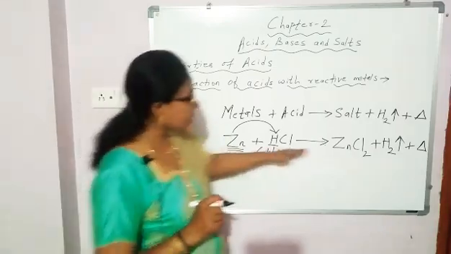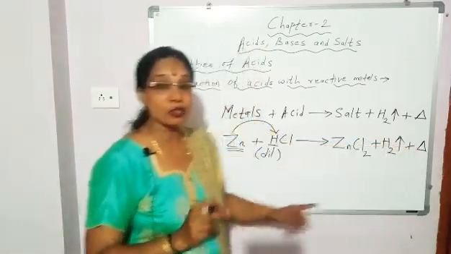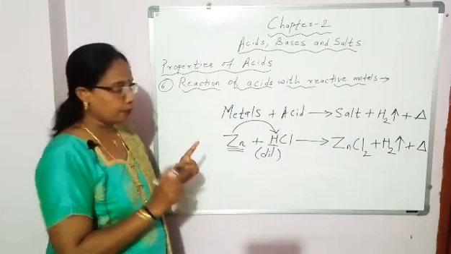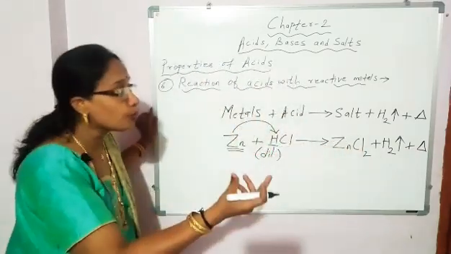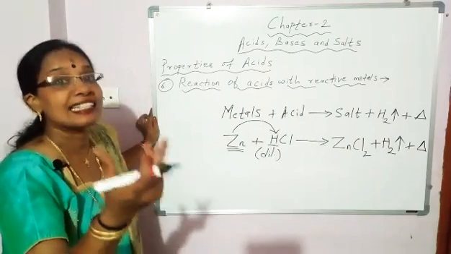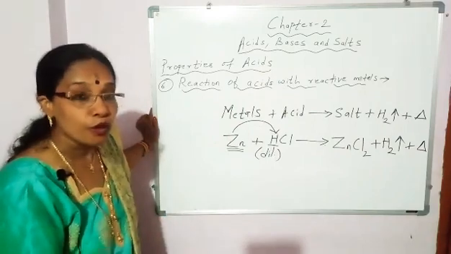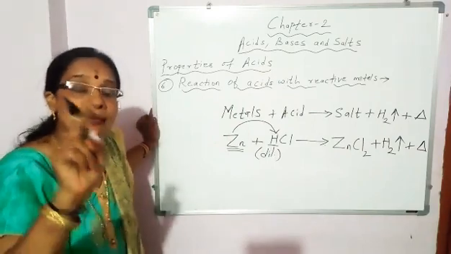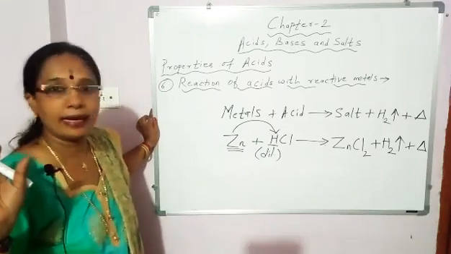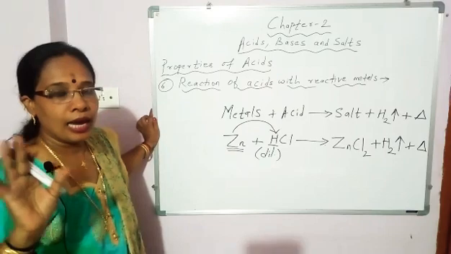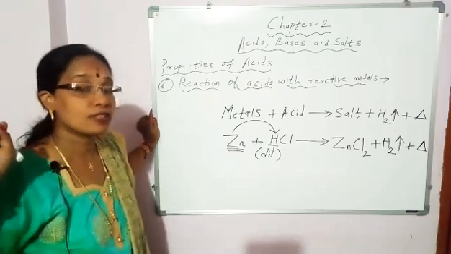Now, once we write a chemical reaction, we have to balance it. Before that, zinc chloride. How will you frame the formula? The formula of zinc chloride is ZnCl2. For that, you should know the symbol and valency of different elements. And this you have studied in class 9th.